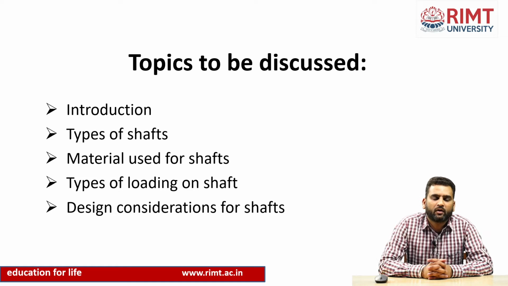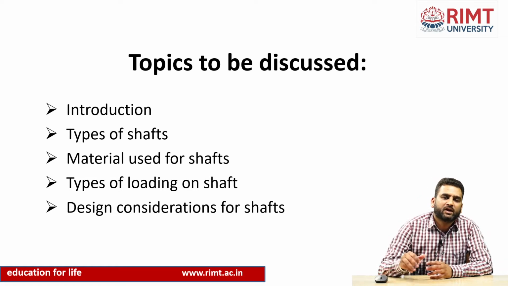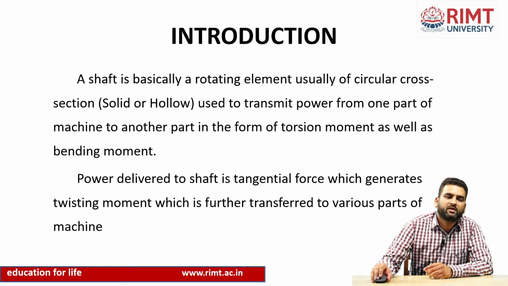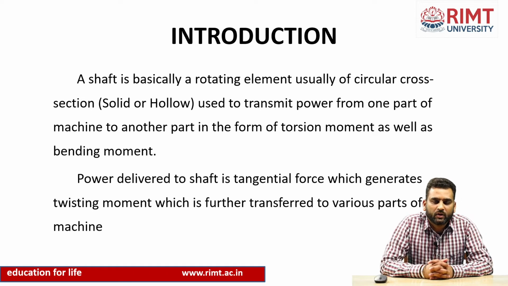So, we will cover all the topics one by one, starting with the first, that is the basic concept of shaft. So, a shaft is basically a rotating element which is usually of circular cross section. The shaft can be a solid shaft or a hollow shaft.